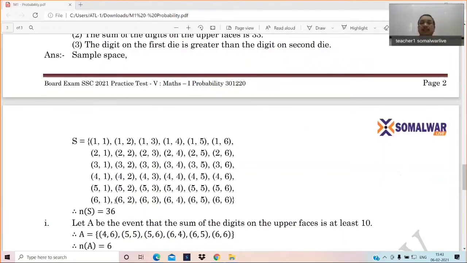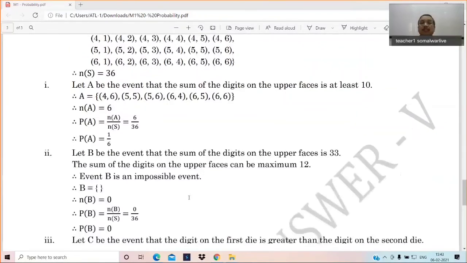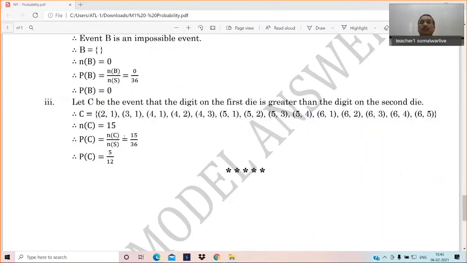With 6: 6,1; 6,2; 6,3; 6,4; 6,5. So how many sample points are here? The total number of sample points is 15. So P of C is equal to 15 upon 36. Simplifying, cancelling with 3, it gives 5 by 12.